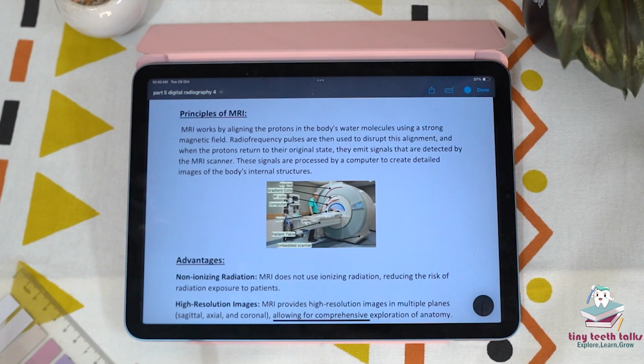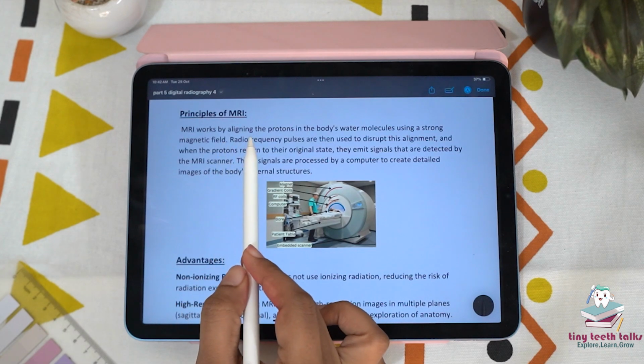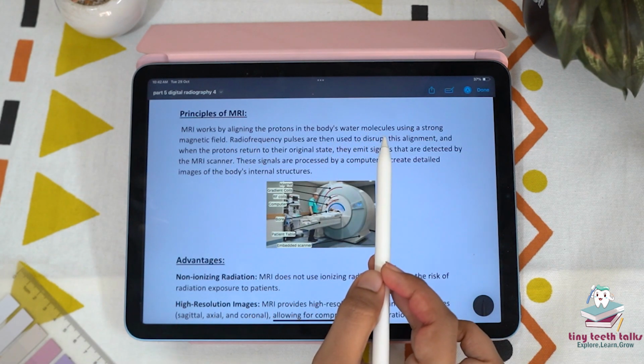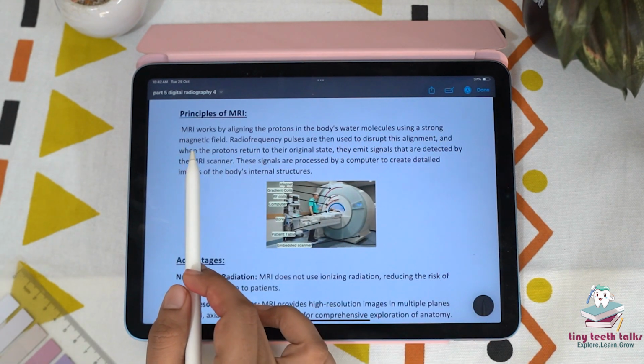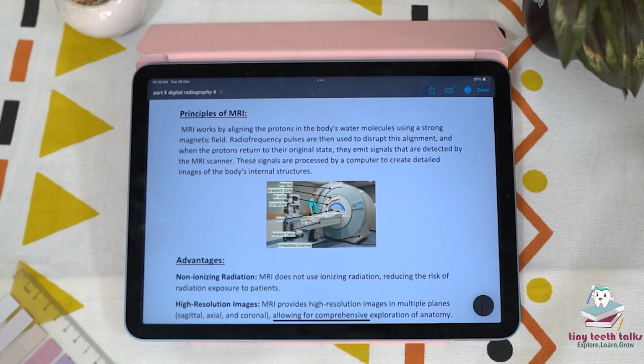Coming to the principles, MRI works by aligning the protons in the body's water molecules using a strong magnetic field. The human body is composed largely of water, which contains hydrogen atoms. Each hydrogen atom has a single proton in its nucleus. When a person is placed in an MRI scanner, the powerful magnetic field forces the protons in these hydrogen atoms to align with the direction of the magnetic field.